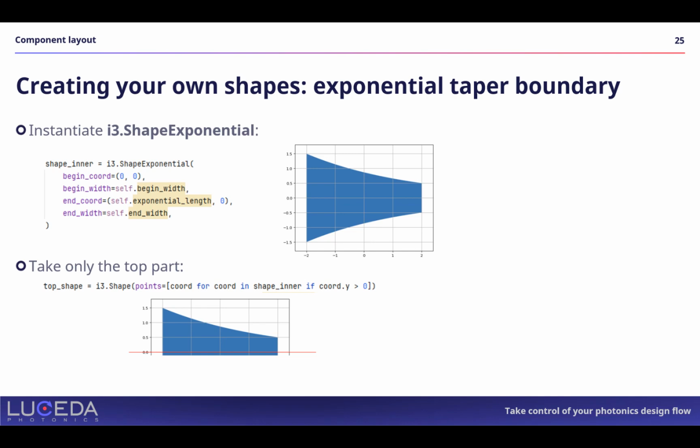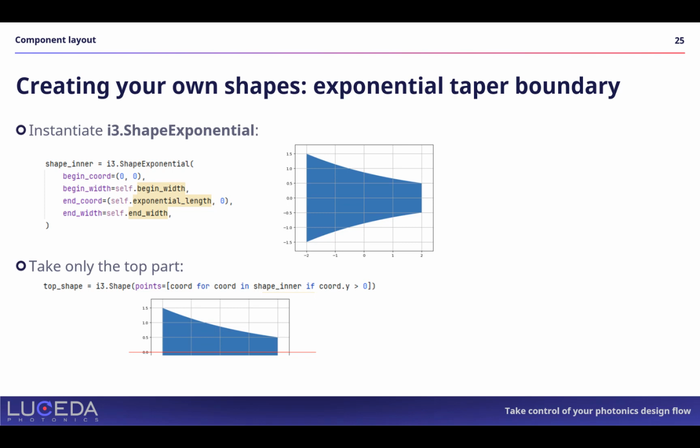We start by instantiating the shape i3.shape exponential with the values that we want. It is important to note that a shape in IPKISS contains a list of points which can be extracted or iterated over. Here we take only the points in the shape that are above the y-axis. This means that we obtain the points for an exponential line.